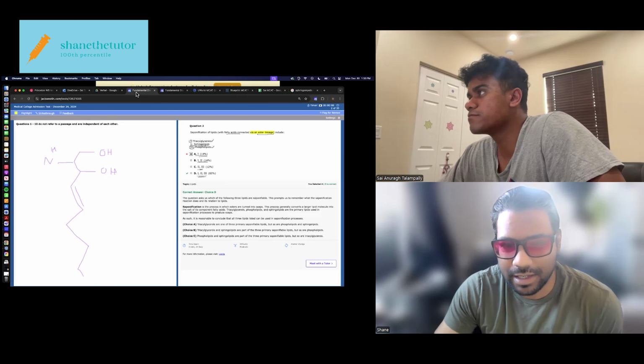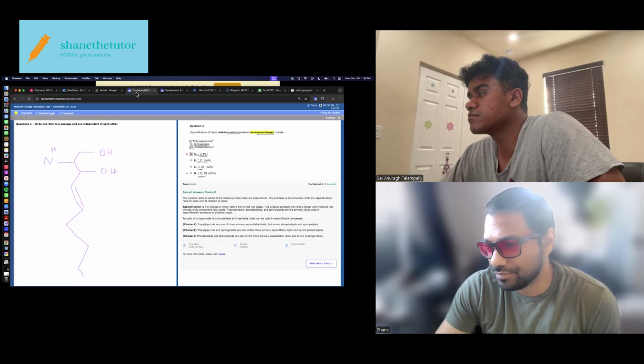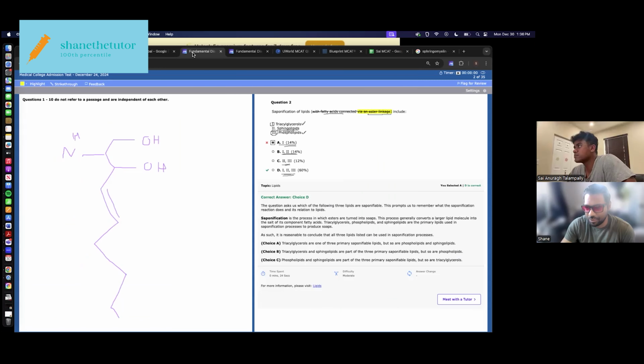If they did not include the parentheses, saponification of lipids include, I think that would be a lot better. But I'm totally with you that sphingolipids typically don't really have ester linkages. I can't really think of an example where they have ester linkages to the fatty acid.